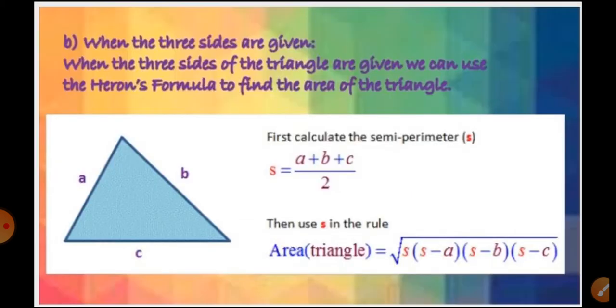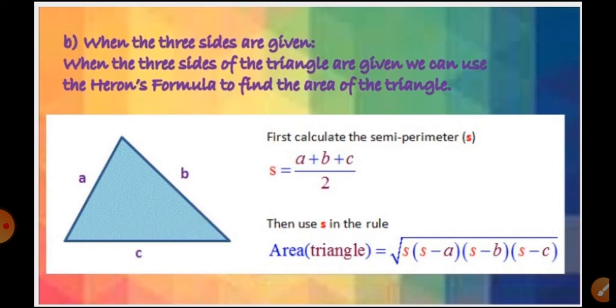Next, when the 3 sides of the triangle are given, we can use Heron's formula to find the area of the triangle. Here, this is a triangle. This side is denoted by a, then b, this is c.